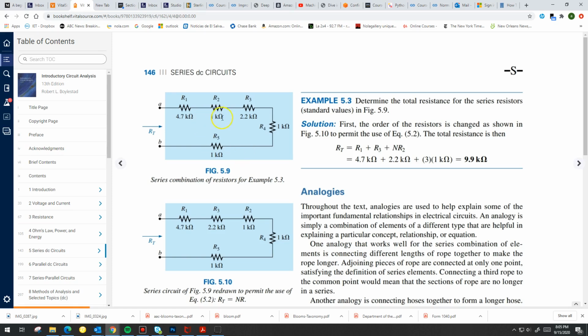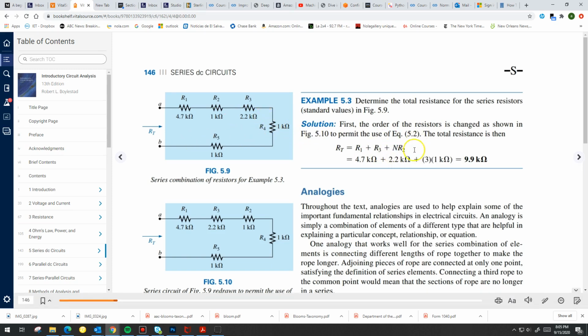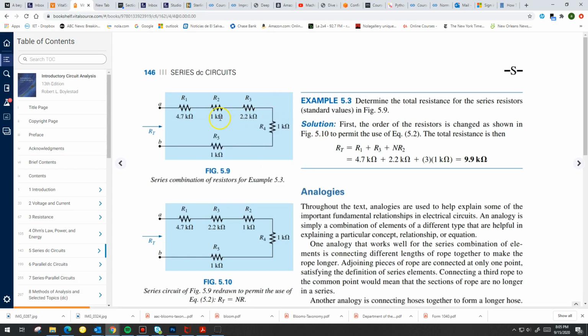So it'll be 3 times 1, right? So this is n times R, R being 1 in each of those, R3 and R4 and R5, right? So it'll simply be R1 plus R2 plus n times the other 3 resistors, n being 3 because you have 3 of the same. So you have 4.7 plus 2.2 plus 3 times 1, all K values, gives you 9.9 kiloohms. Okay?